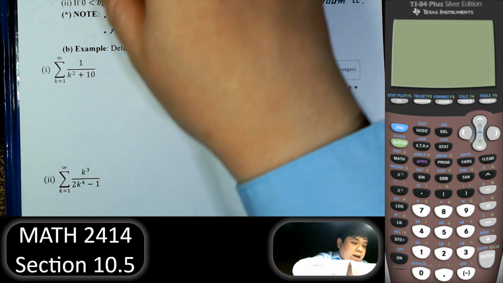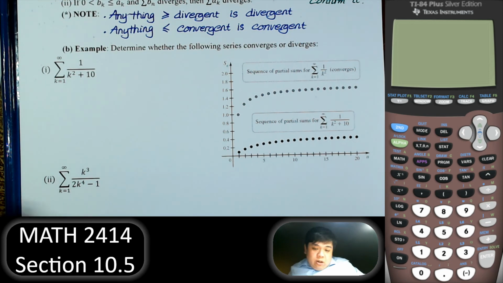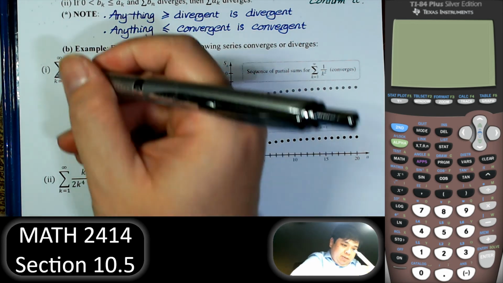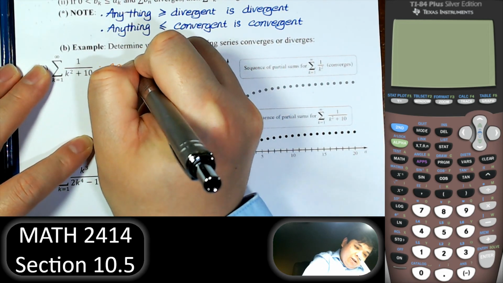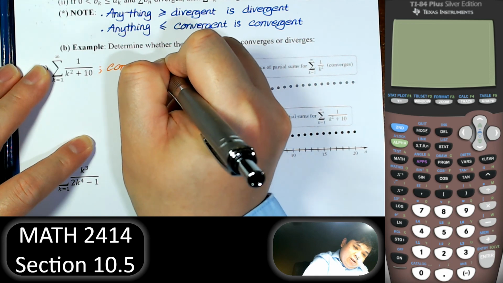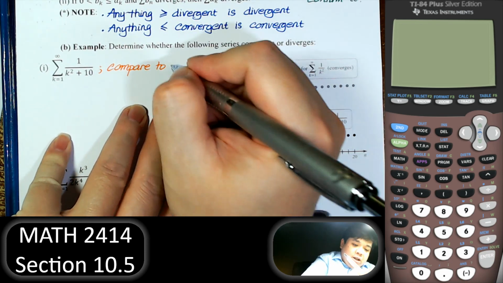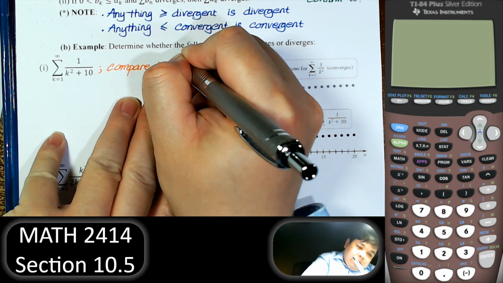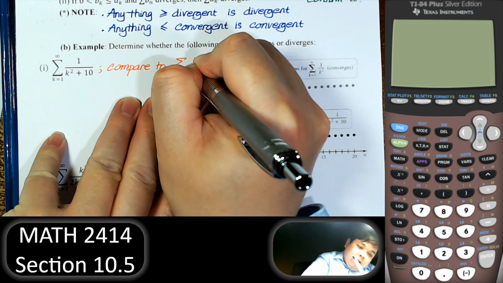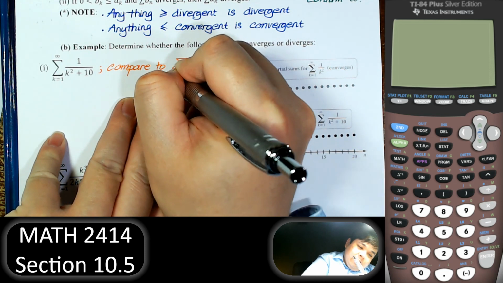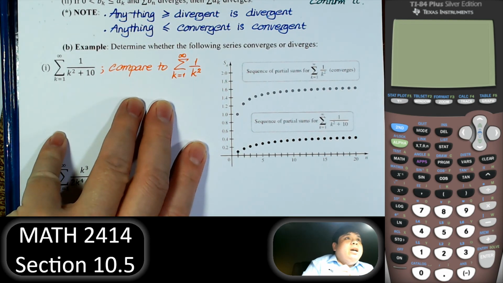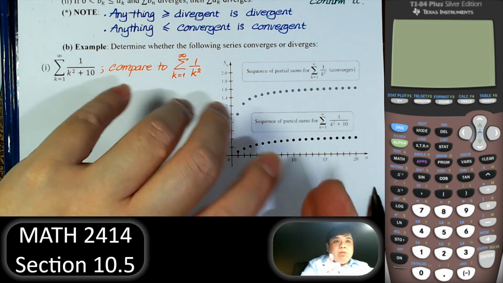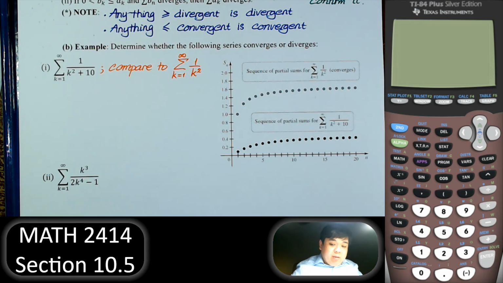So this is what we start with, and what we do is we compare to the series 1 over k squared, because that's reasonable. They are the same, right?